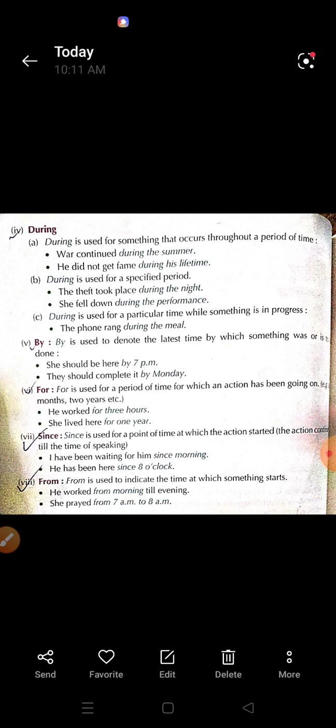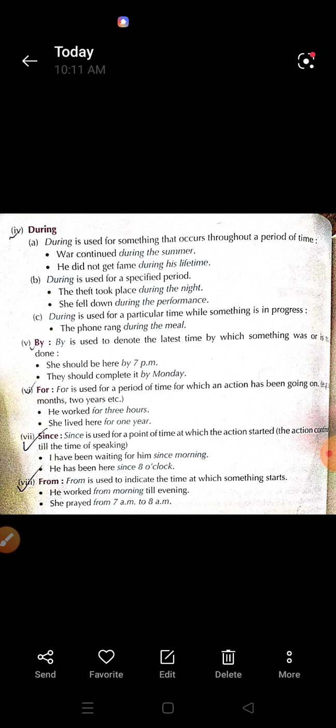From is used to indicate the time at which something starts. So from is used to talk about an action. He worked from morning till evening. So he started the work in the morning and it continued till evening.